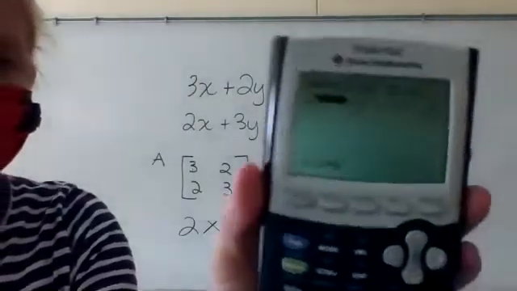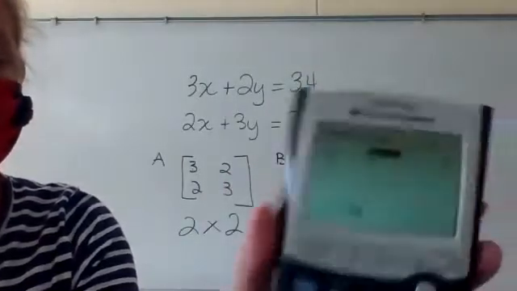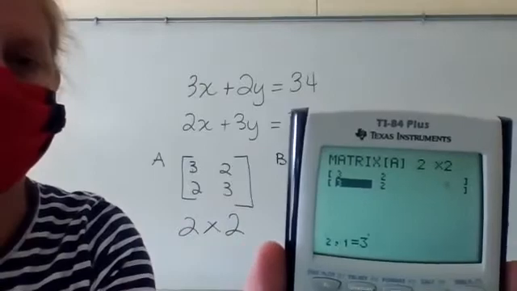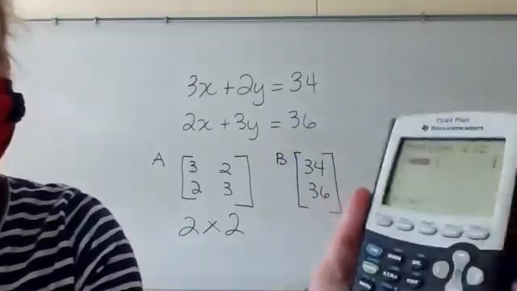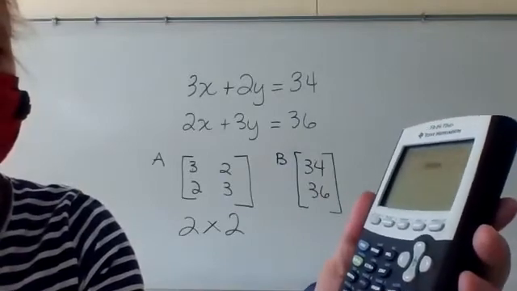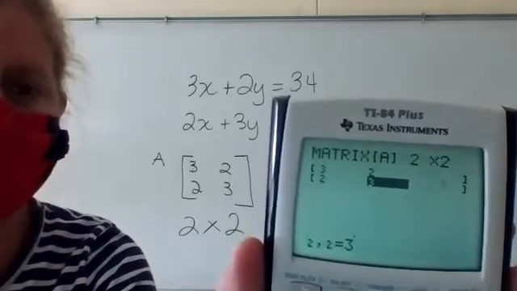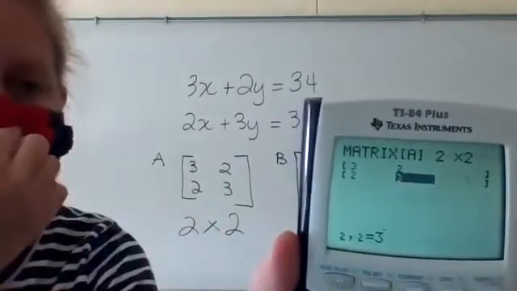So 3, enter, 2, enter. See how it changed my top row to match the top row of this matrix? The bottom row is 2, 3. So 2, enter, 3, enter. So you'll see now the matrix in my calculator looks like the matrix A on the board.